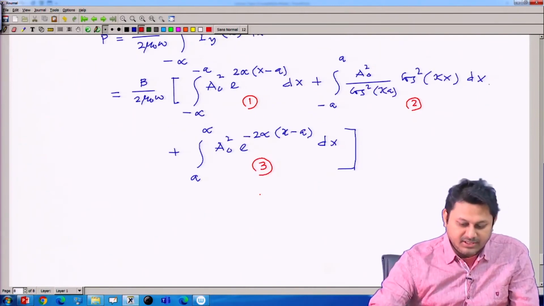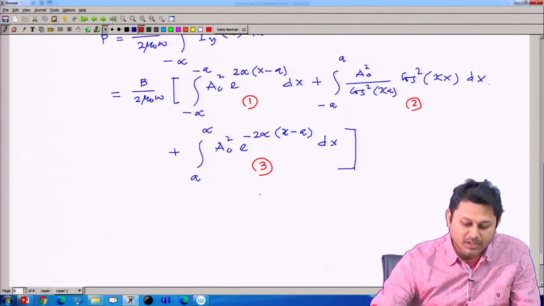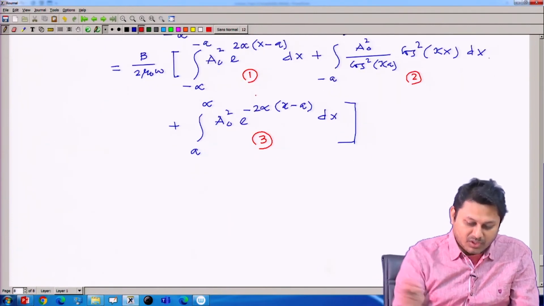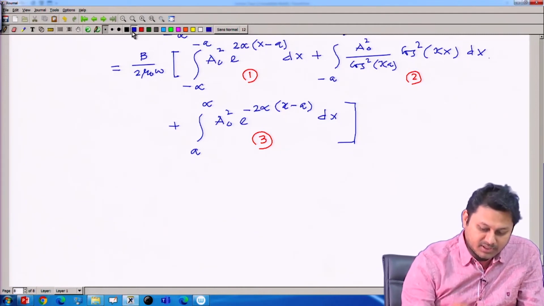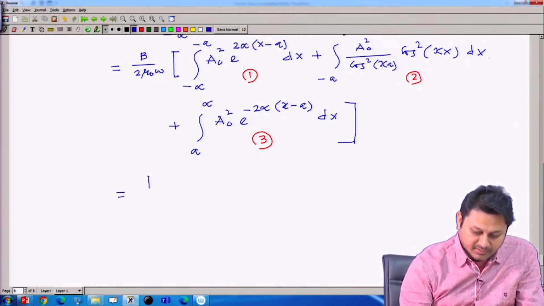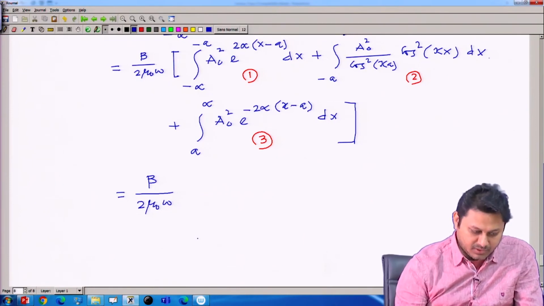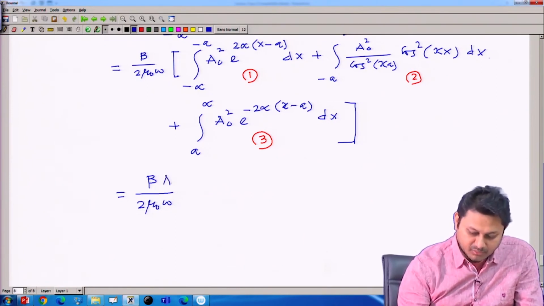So, 1 and 3 are easy, because if I go to minus infinity, the integral will be a 0 e to the power of minus alpha (x minus a) divided by 2 alpha, and when I put these boundary conditions, minus a and infinity, at minus a it should be 1 and at infinity it should be 0. So, I can execute that quickly for both the cases. It should be beta divided by 2 mu 0 omega, and a 0 is common for all the cases, so I can put a 0 square out of that.